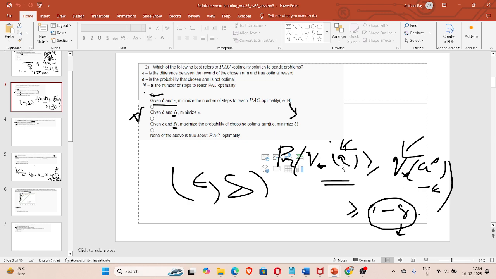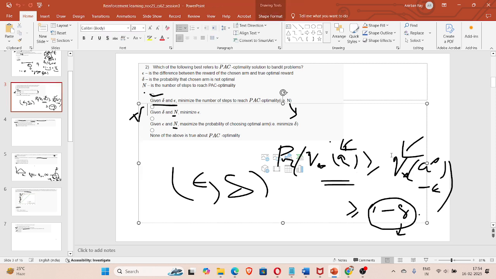So what we mean to say is that the reward function for any arm can become greater than the correctly estimated reward for the best arm only if we subtract a small epsilon value, and this holds with a high probability, 1 minus delta.